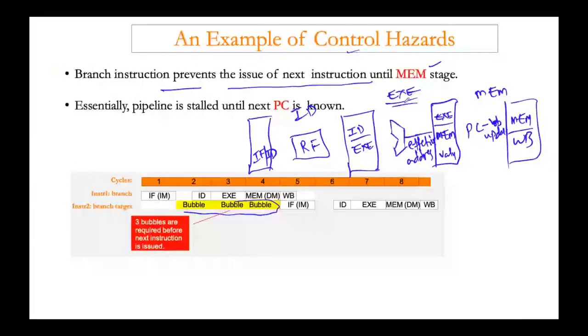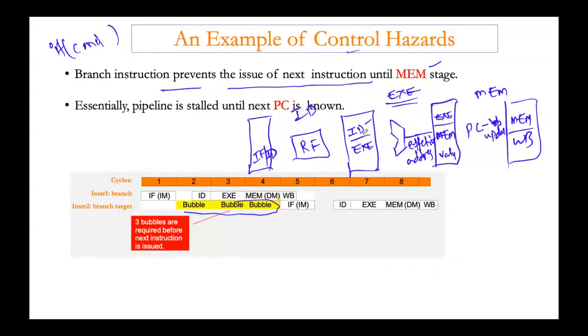we have the values between the ID stage and the execution stage. When the instruction is decoded, whatever conditional values are there will be stored in the register, which is available in the interstage buffer. There itself the comparison can be done.